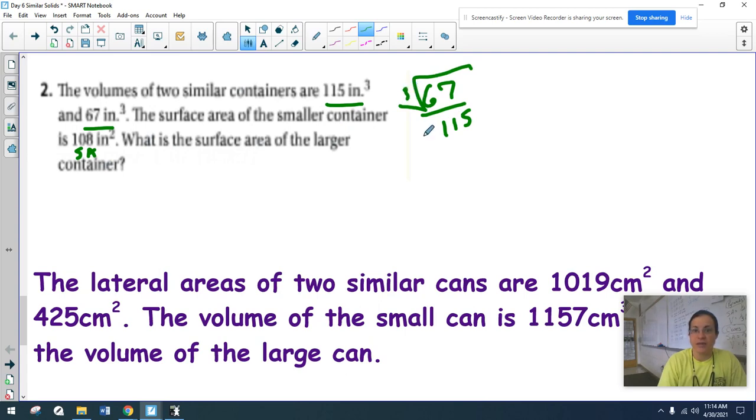So to get the regular, I need to cube root these, which are not perfect cubes. So if I cube root 67, that's going to give me an ugly decimal. And if I cube root 115, then what I'm going to do is divide them.